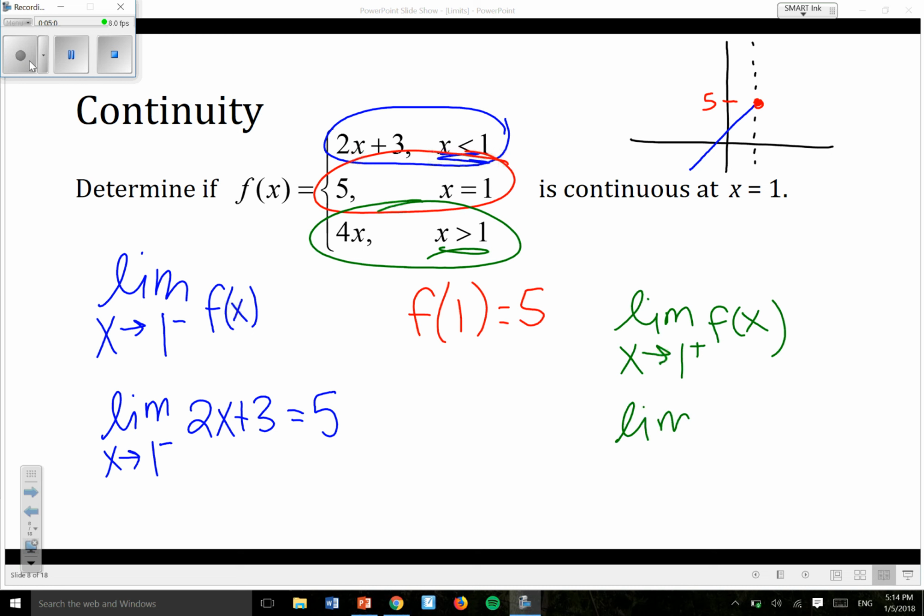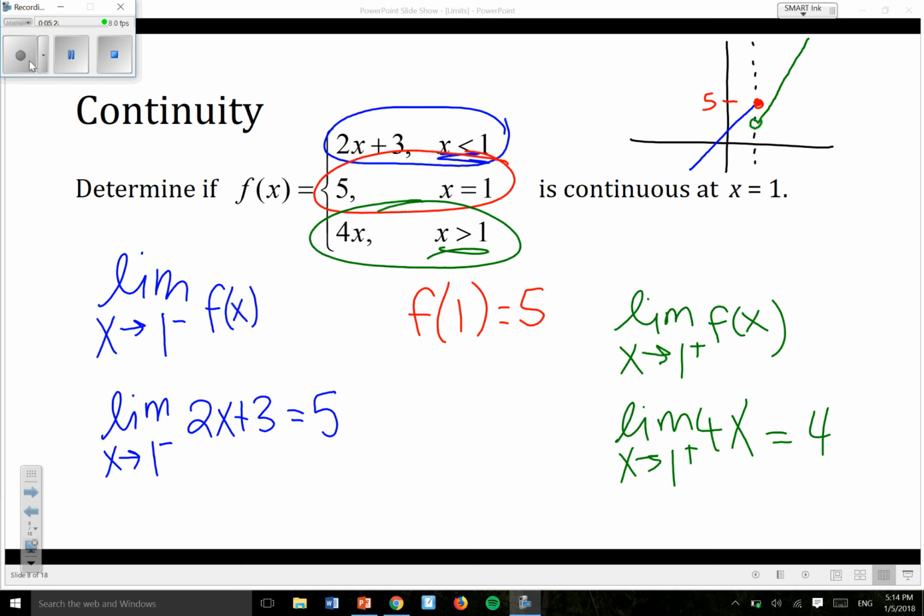So we're going to look at the limit as x goes to 1 from the right of 4x, which again we can use direct substitution and see that equals 4. So here we have a breakdown in our limit definition of continuity. We have that as I approach an x value of 1 from the right, I'm approaching a y value of 4. So I'm not going to be continuous on this function.